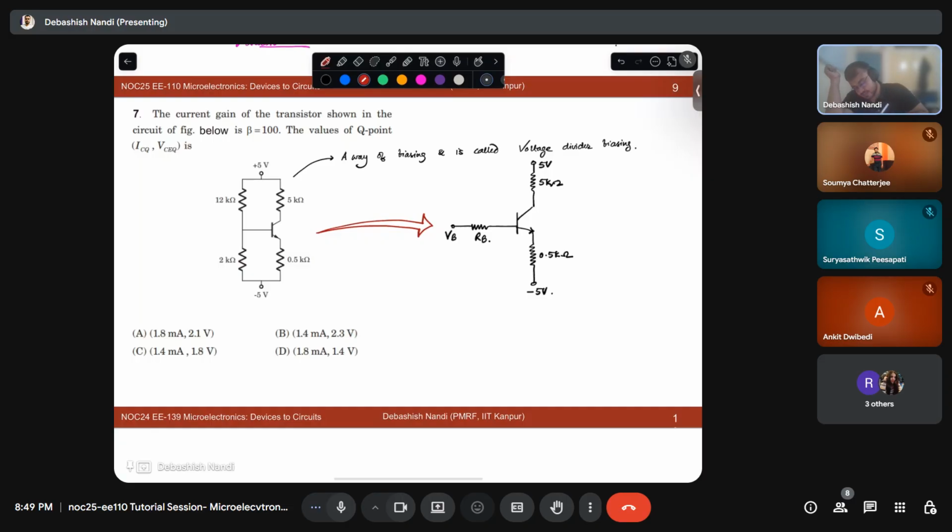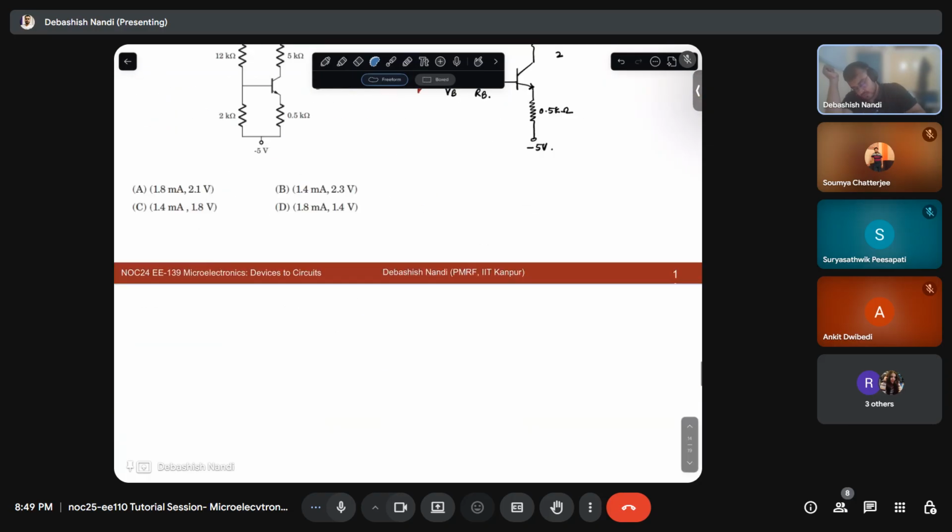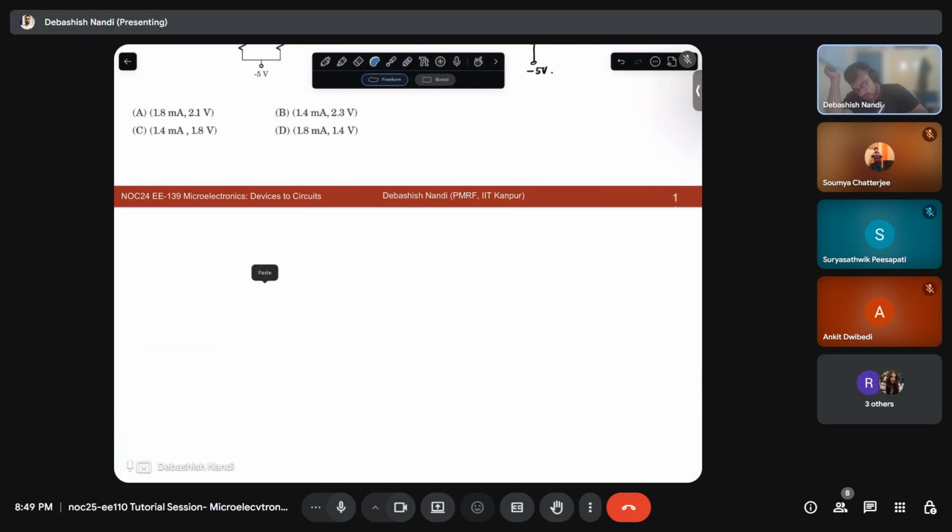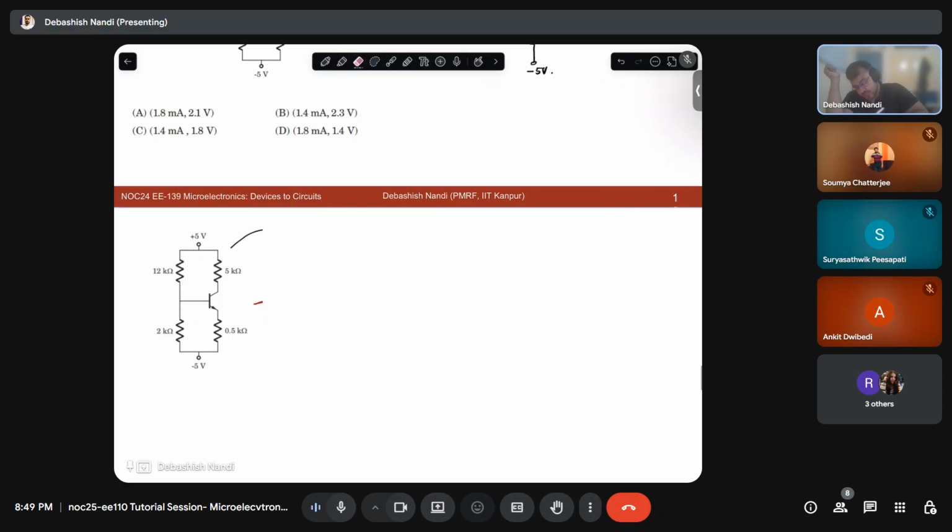So basically, I can draw this circuit. Let me just copy. I can draw this circuit in this way. So this is your 0.5 kilo ohms, let's say 5 kilo ohms.